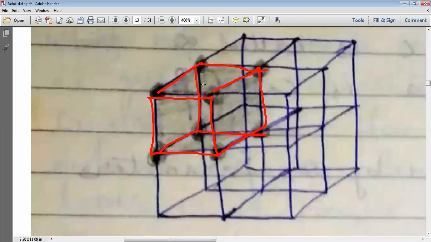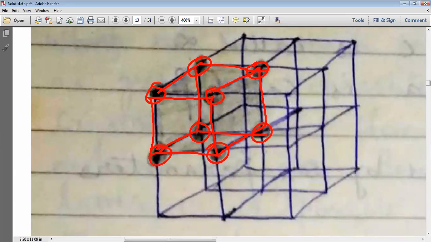When these particles are joined, we get the crystal, and what we get is known as the crystal lattice.